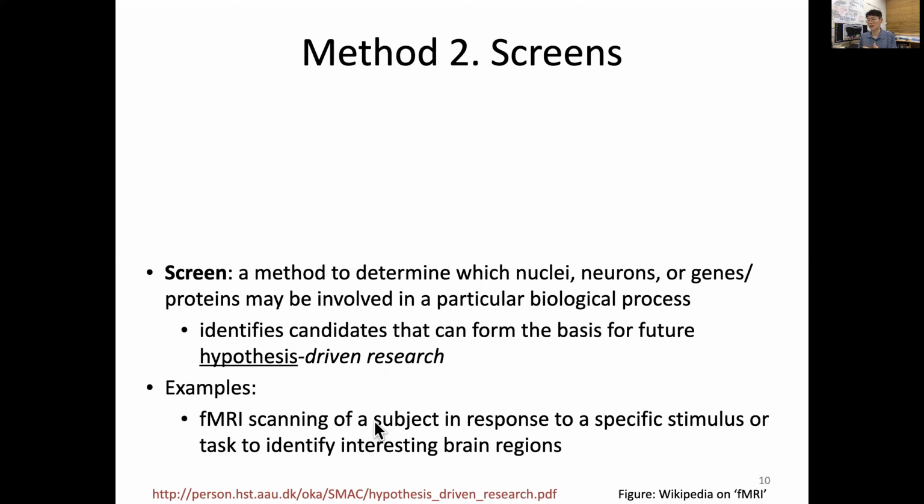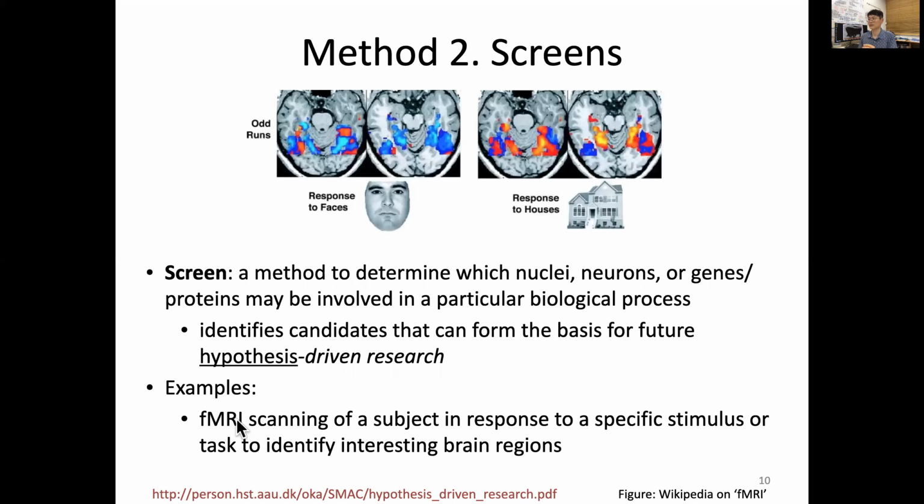So, fMRI scanning of a subject in response to specific stimuli or tasks to identify which brain regions are involved. You may have heard about fMRI, so-called functional MRI, showing neural activities lighting up when the subjects are doing something, in response to specific stimuli. For example, we are interested in a brain region which may be related to recognizing human faces, and maybe we believe there's a specific region more related to houses.